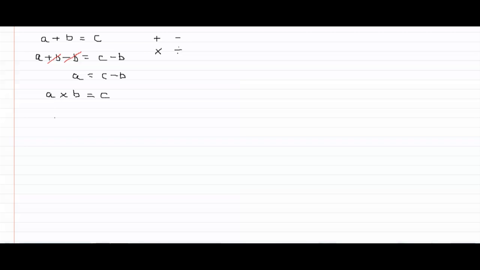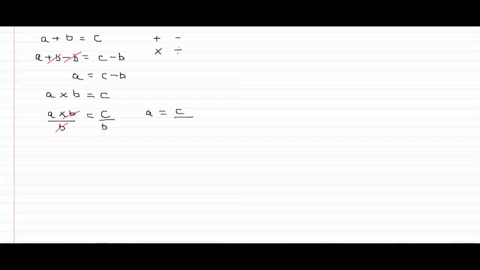So this time we are saying a multiplied by b divided by b equals c divided by b, and again we're doing the same thing on both sides of the equation, and again the multiply by b is cancelled out by the divide by b, so that we're successfully left with a equals c divided by b.